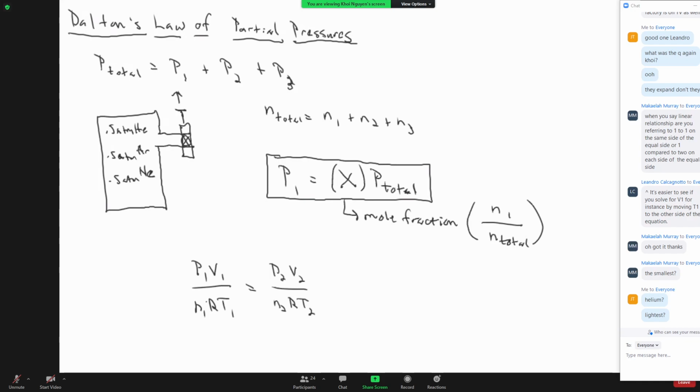So if you combine all those together, we get this relationship. And this is where we get the ideal gas law coming from, right? This is what we call the combined ideal gas law.